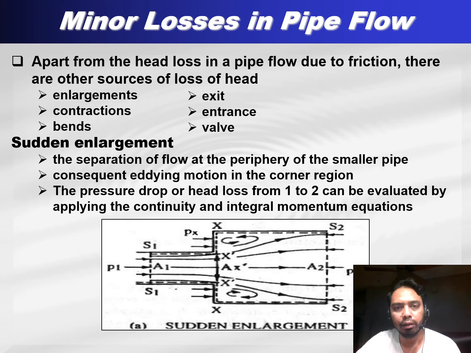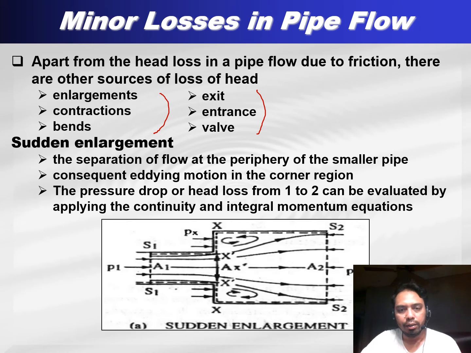Apart from the head loss due to friction, the other sources of head loss are enlargements, contractions, bends, exits, entrances, and also valves. All of them contribute to head loss or pressure loss in the pipe flow.